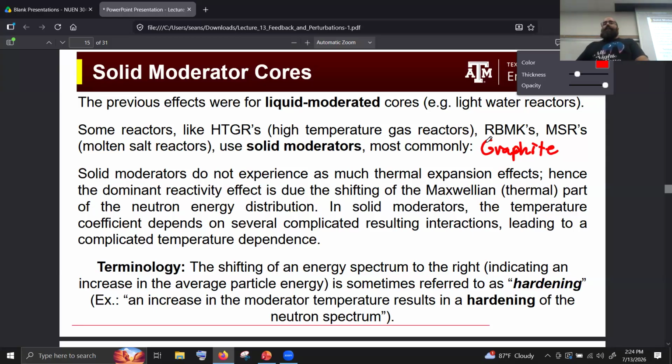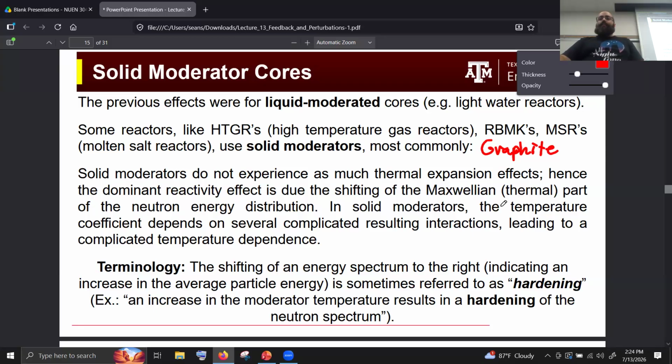And a solid, when it heats up, doesn't really expand as much as a liquid would. So for solid moderators, their reactivity impact is mostly due to Doppler, to the shifting of the Maxwellian, and that shifting of the Maxwellian to the right, allowing for more parasitic capture in those low-lying resonances. That's what ends up dominating the graphite, a solid moderator, temperature coefficient.